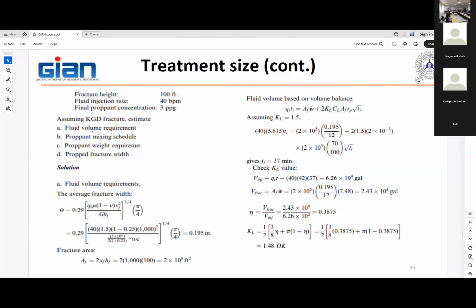If you want to convert barrels per minute to feet cubed, you multiply with 5.615.